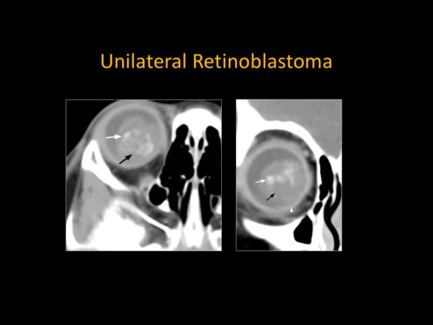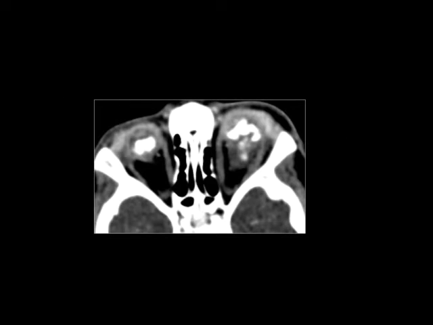Continue. Axial. This is another CT case. Axial CT images of the orbit showing reduced size of bilateral orbits with calcification in both the intraocular compartments.